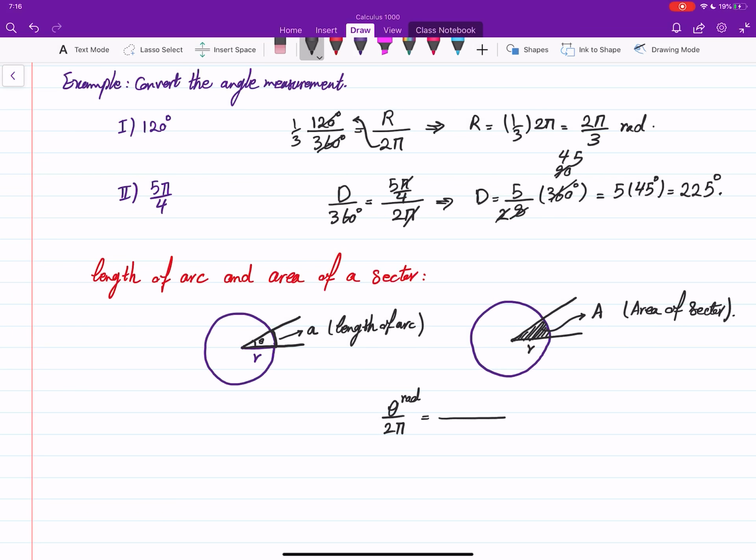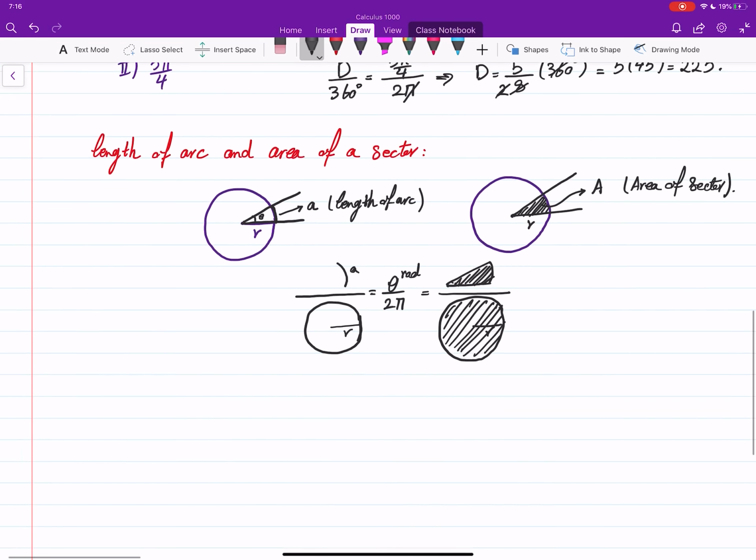This is going to be the same as the ratio of what portion of the area this gets out of the whole area of the circle of radius r. And the same story goes for the arc length. So if this is the arc length a, what portion of the full arc of the circle does that give us?